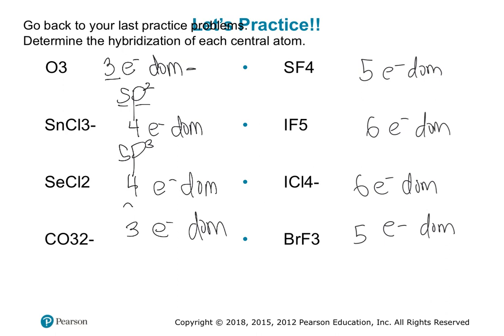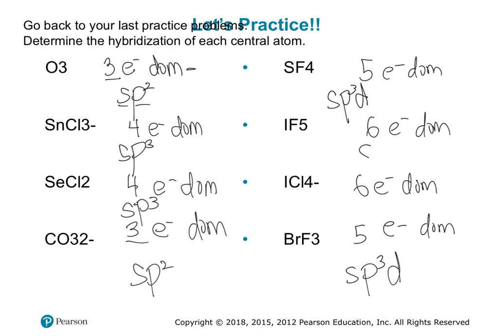Same thing is going to be for our selenium chloride, and then carbonate is going to be sp2 due to those 3 electron domains. With 5, we're going to have 4 coming from s and 3 p's, and then now we need to tap into 1 d. So both sulfur tetrafluoride and bromine trifluoride will be sp3d. And then for 6 electron domains, we need the s, all 3 p's, and now 2 d's in order to make those 6 electron domains.